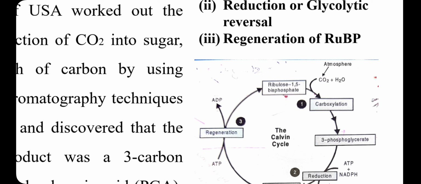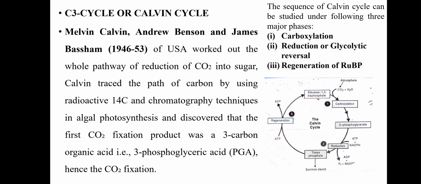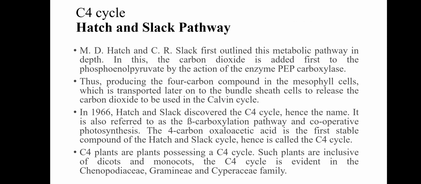In the Calvin cycle, the first acceptor of CO2 is ribulose 1,5-bisphosphate, which accepts CO2 to form phosphoglyceraldehyde, a 3 carbon compound. The enzyme which helps in this first phase is known as Rubisco, RuBP carboxylase oxygenase.